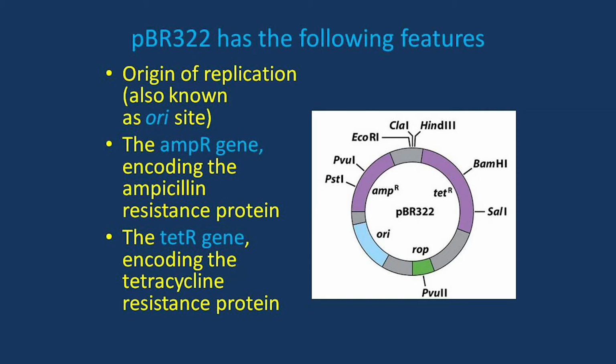The next character is the ampicillin resistance gene, or ampR, which codes for an enzyme that breaks down the antibiotic ampicillin. The next character is the tetracycline resistance gene, which codes for an enzyme that breaks down the antibiotic tetracycline. Both of these are called marker genes because they are used to identify E. coli cells which contain the foreign gene.